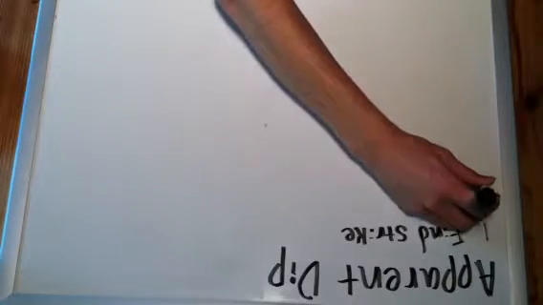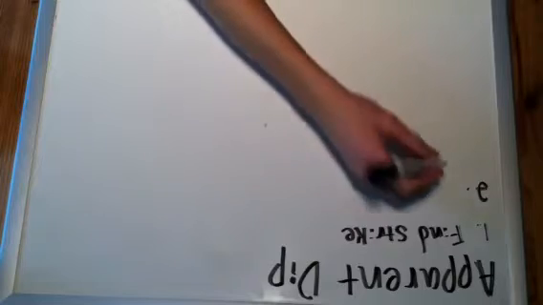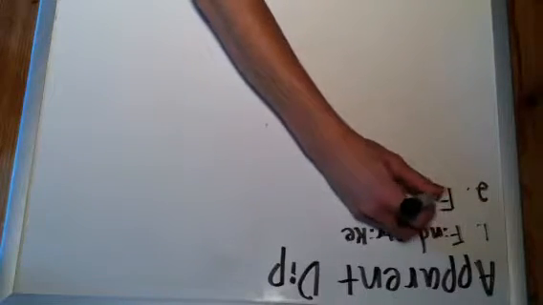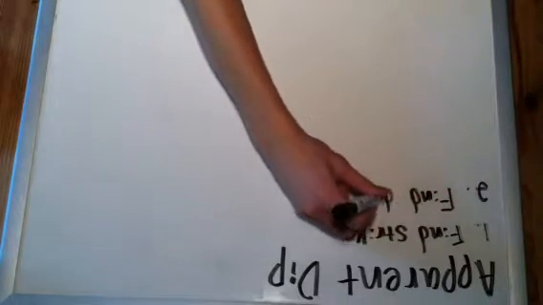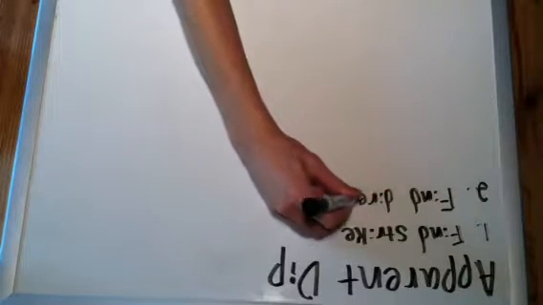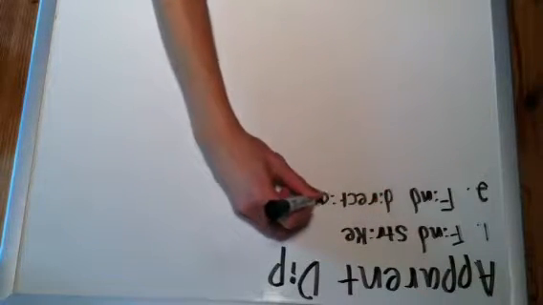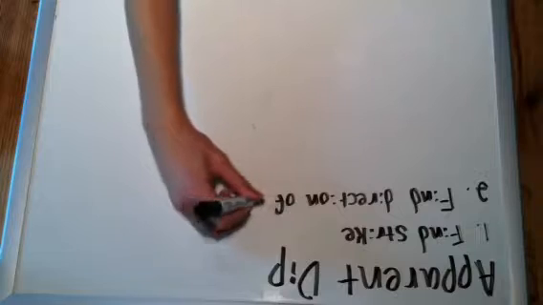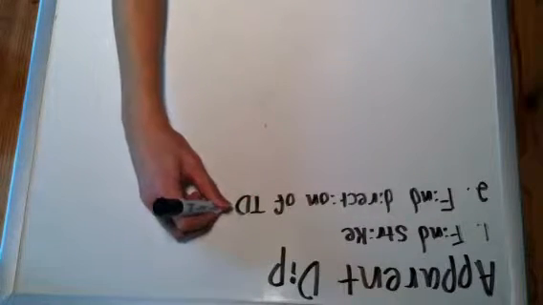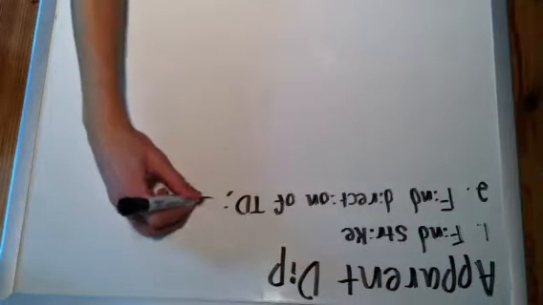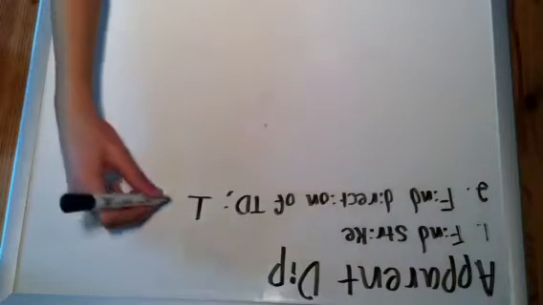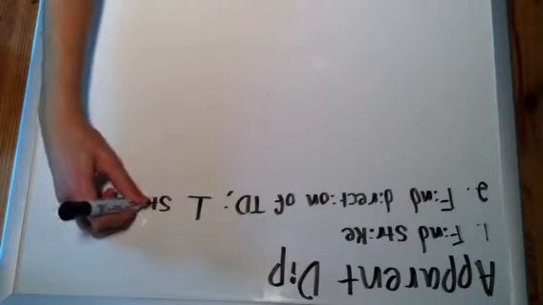And then using your strike, find the direction of true dip, because true dip will always be perpendicular to your strike.